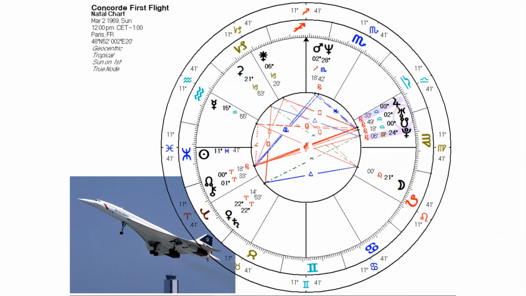And what we can see is some interesting aspects. Pluto, South Node, Uranus, Jupiter conjunct together. And we pay attention. I isolated the Pluto-Jupiter conjunction and the Uranus nodes. Now, what we have to understand is that this is a technological breakthrough. And this is the fastest passenger plane.